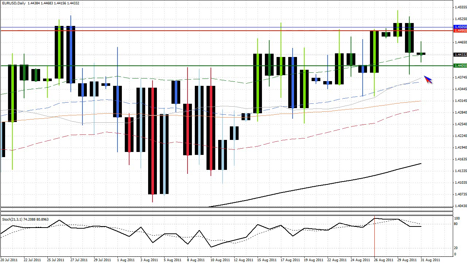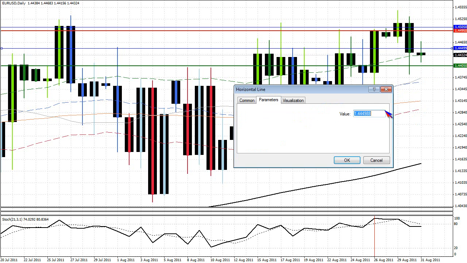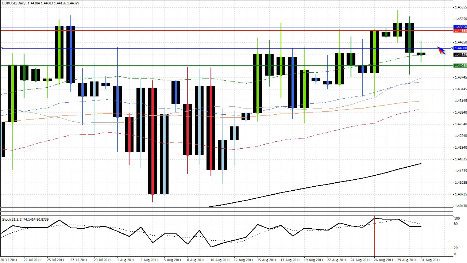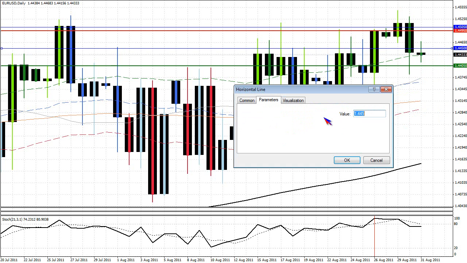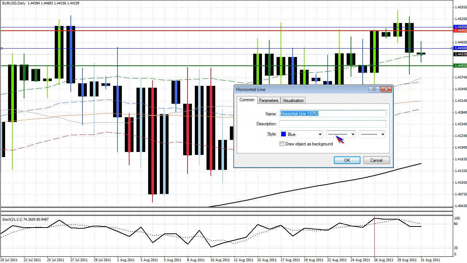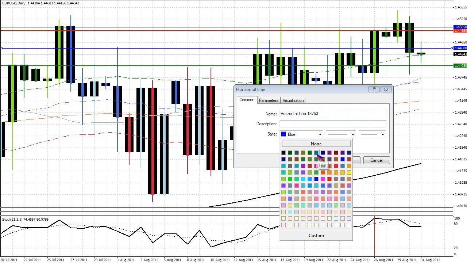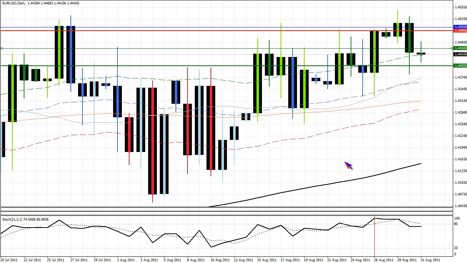So here's where I was mentioning it might have been smarter of me to put in a 44.50 or a 44.20 exit, because I've got to reconsider how much I'm willing to give back. I'm not giving 90 plus pips back. In other words, I'm not going to let this winner turn into a loser.